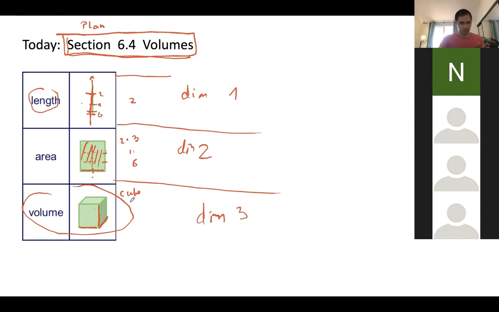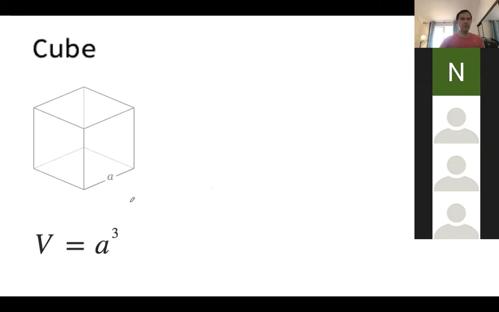So first of all, let me give you the very basic things. For example, this is a three-dimensional solid. It's a cube.